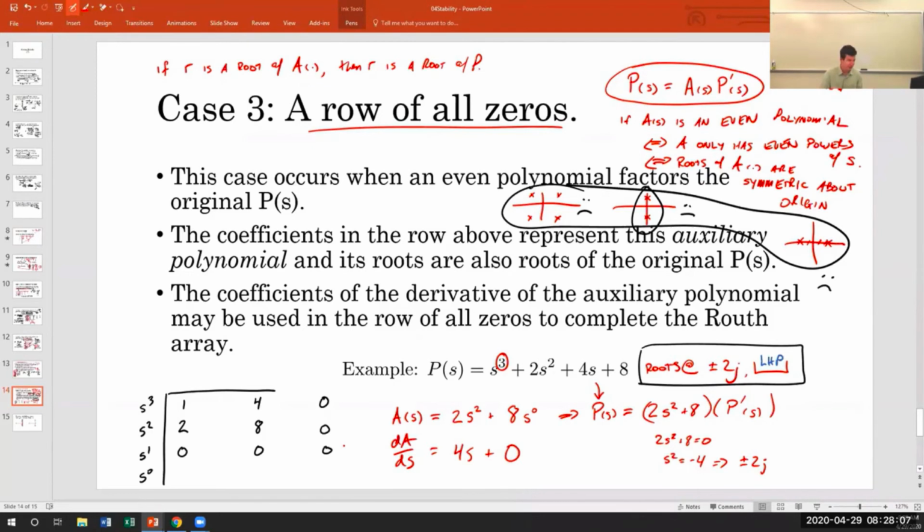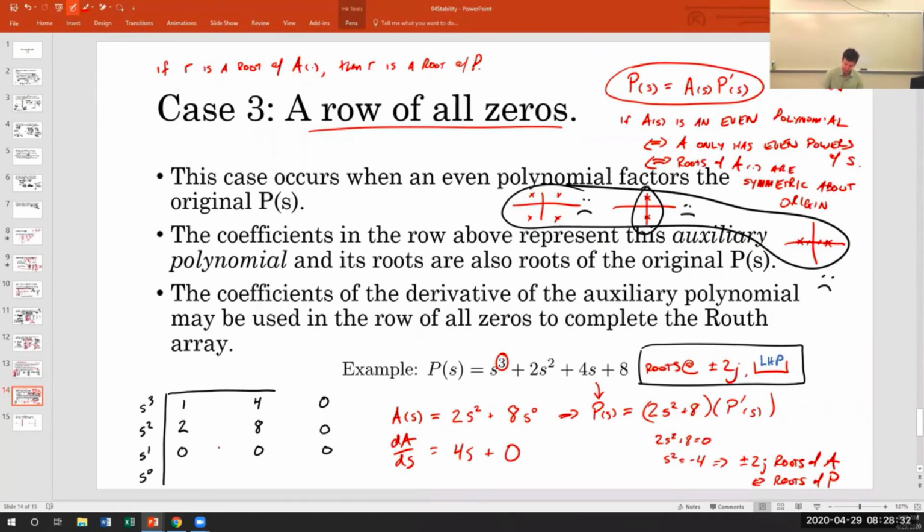And so if I can find the roots of that second order polynomial, then I will have 2 of the 3 roots of the original polynomial. And so that's what I did here, these are the roots of the auxiliary polynomial, but that means they're also roots of the original polynomial, P.